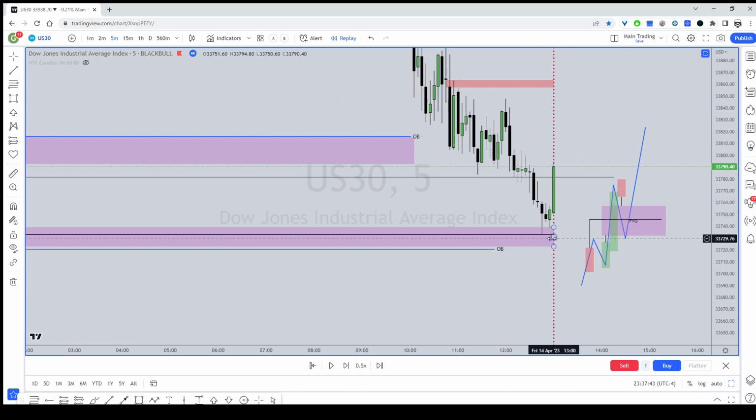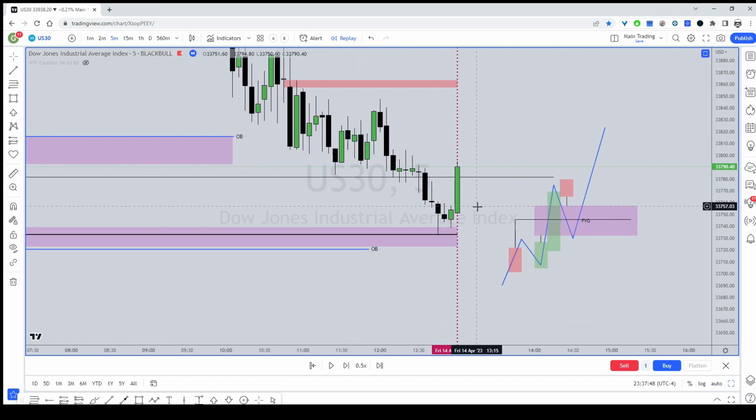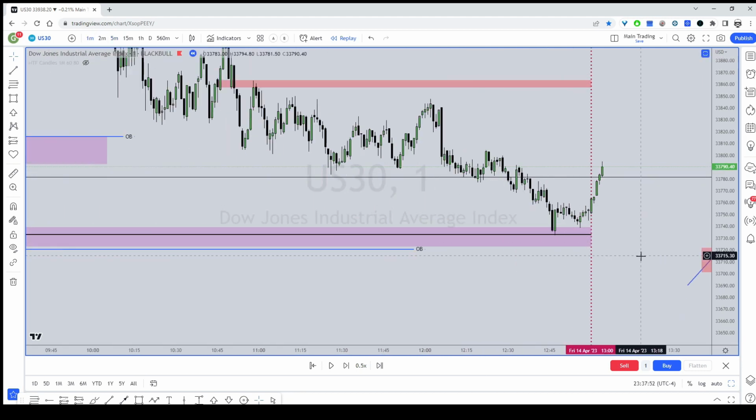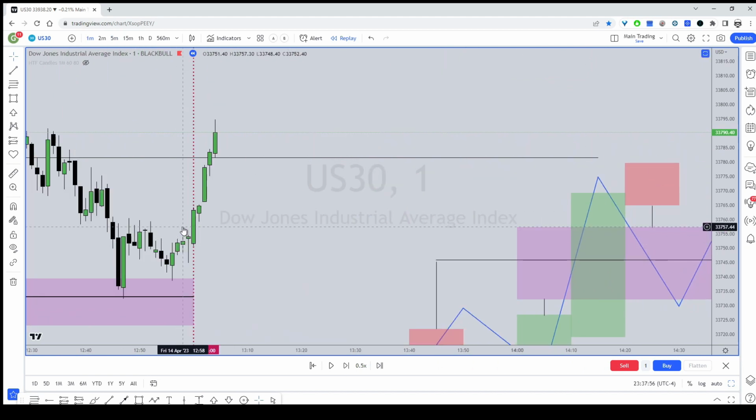So when price touches in on that on a 5-minute, I want to see a market structure shift, even if going on a 1-minute. We can see we've got market structure shift, market structure shift, market structure shift, consecutive green candles.